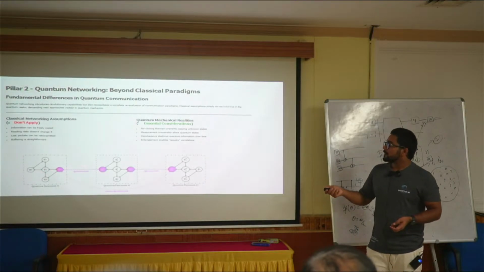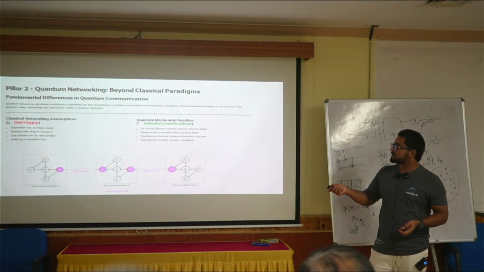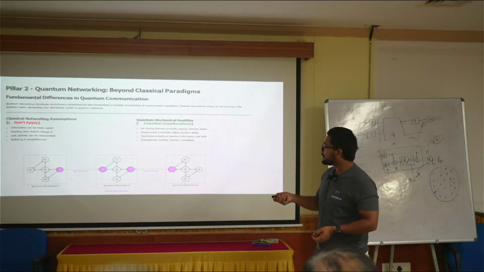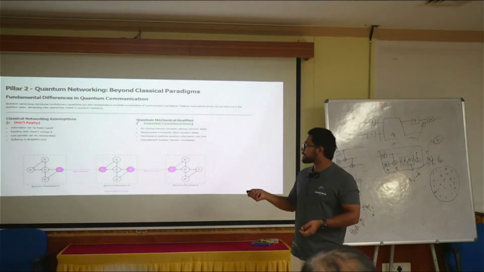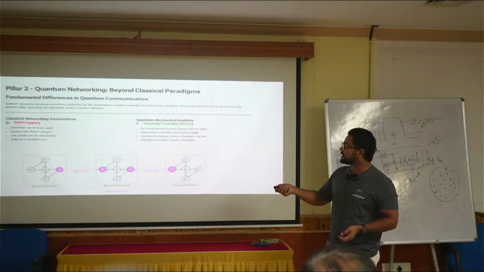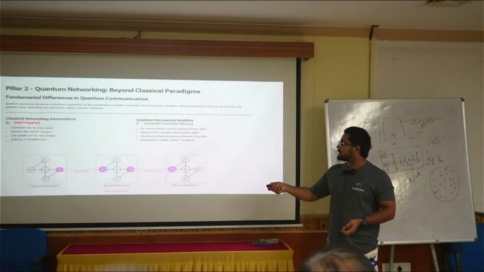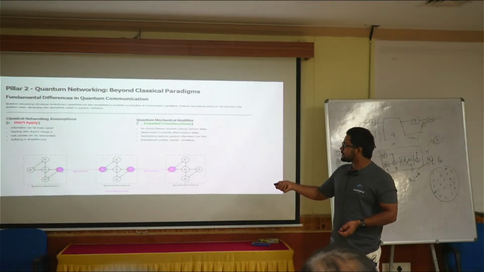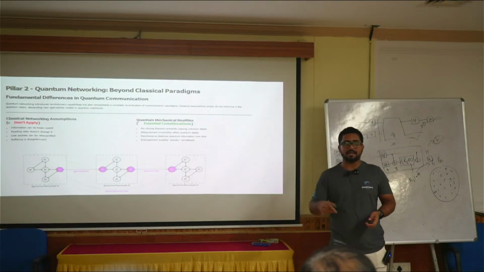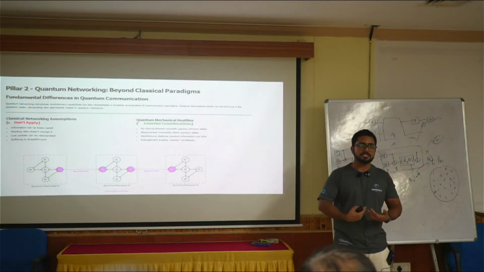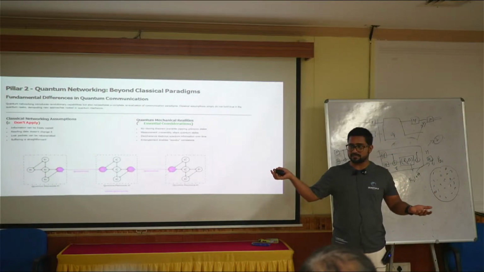Qubits or processors that are directly connected are called a quantum line or quantum link. So you see here and here it's directly connected, and this one is directly connected, which is a quantum link. But you can do something called entanglement swapping. In the last discussion we discussed how you can swap entanglement by using Bell state measurement.